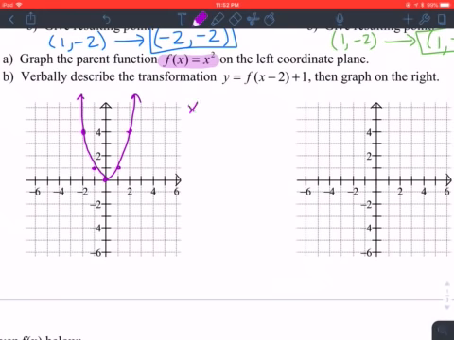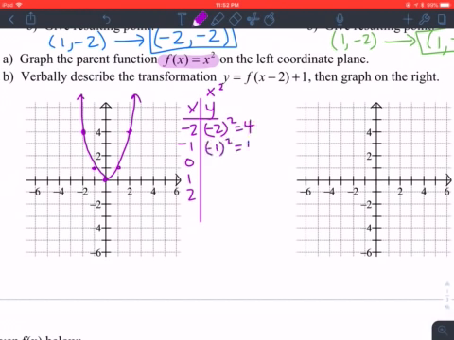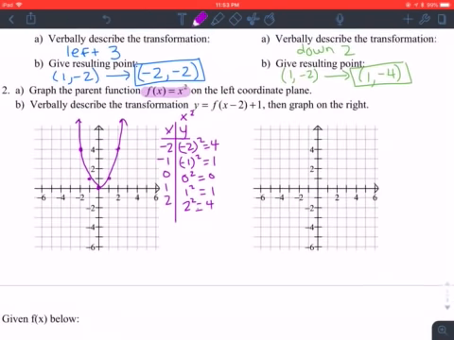Now, if you ever don't remember how to graph parent functions, don't stress, because you could always pick some points: negative 2, negative 1, 0, 1, 2. And then you would plug them into the function, which is x squared. So negative 2 squared is 4, negative 1 squared is 1, 0 squared is 0, 1 squared is 1, 2 squared is 4. So that's where I got all of those points.